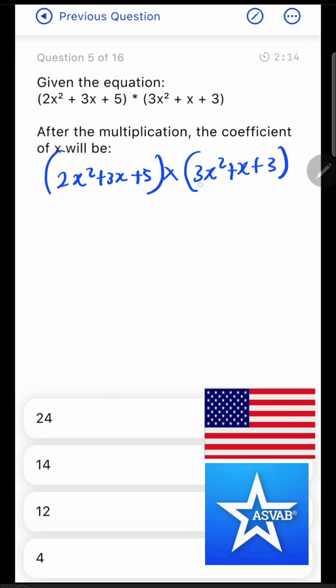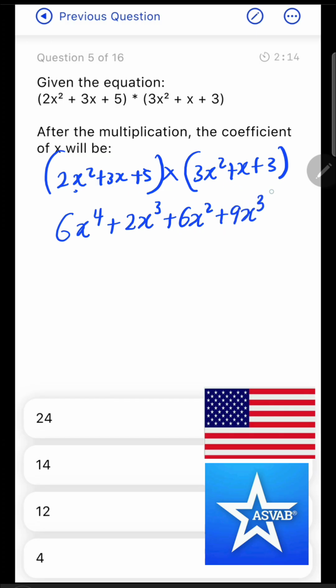2x squared multiplied by 3x squared is going to give us 6x to the power 4. Then 2x squared again multiplied by x is going to give us 2x to the power 3. Then 2x squared multiplied by 3 is going to give us 6x squared. So we are done with the first one. Now let's use the second term. 3x multiplied by 3x squared is going to give us 9x cubed.